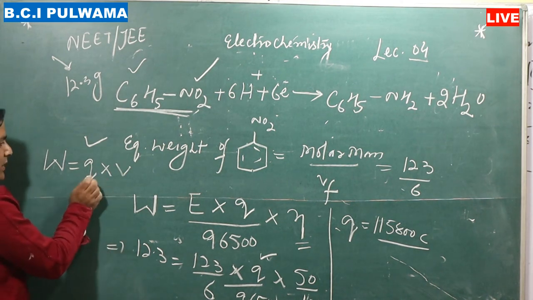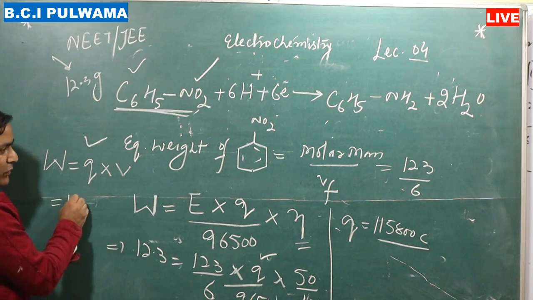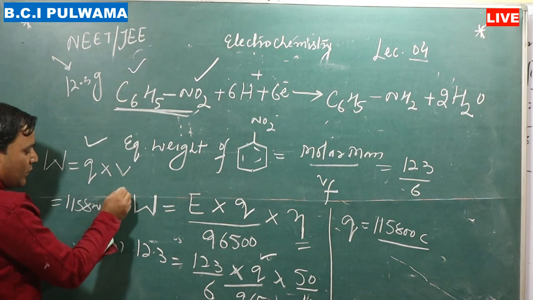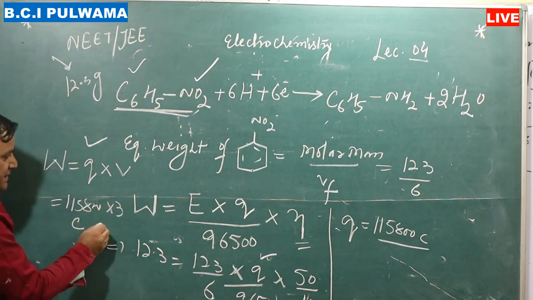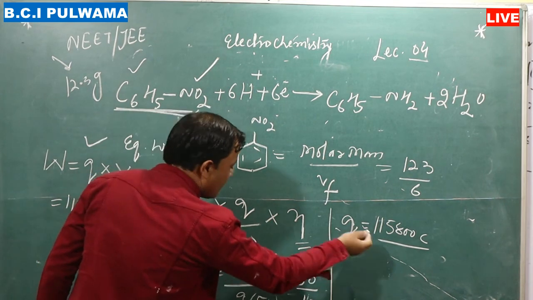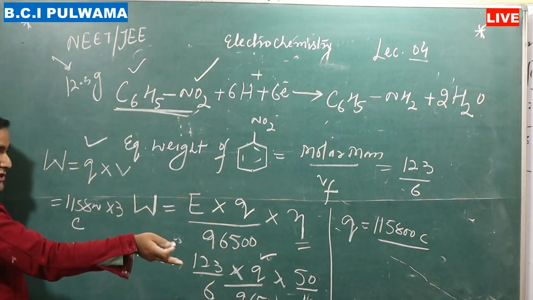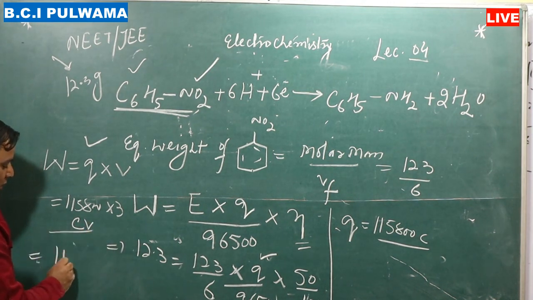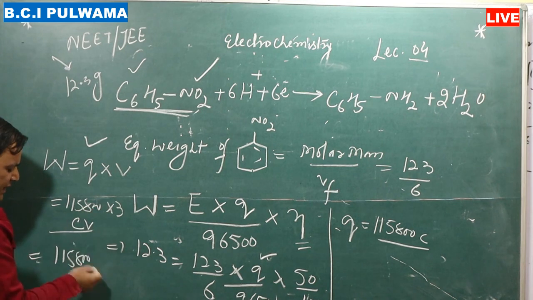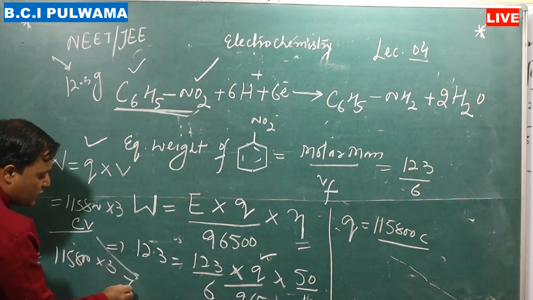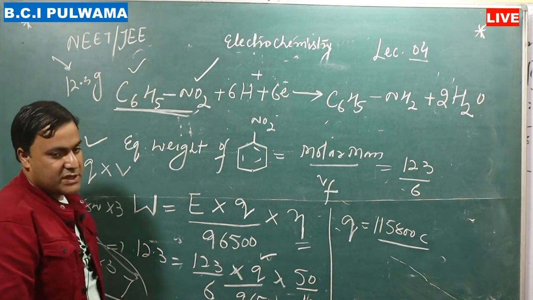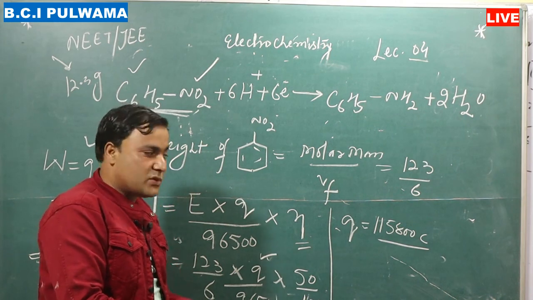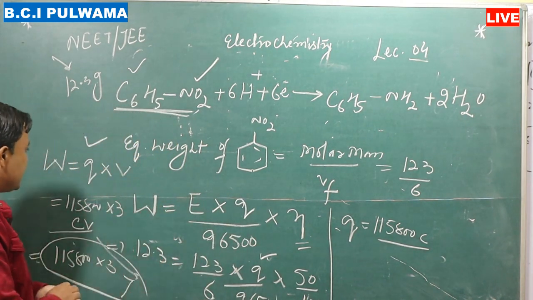Then W is equal to Q, taking the value 115800 coulombs, multiplied by the voltage, 3 volts. 115800 into 3, coulomb volt, is equal to joules. This is the amount of energy required to reduce 12.3 grams of nitrobenzene to aniline. I hope you have understood it.